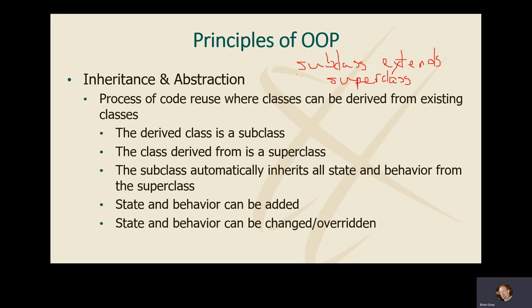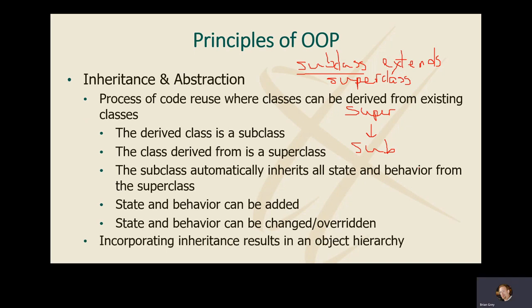What this means is that the subclass has more robust functionality than the superclass. And in many cases, you can think of subclasses as being more specific instances of superclasses, right? So a subclass extends the behavior of a superclass.